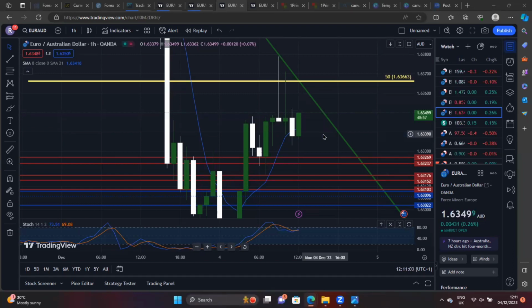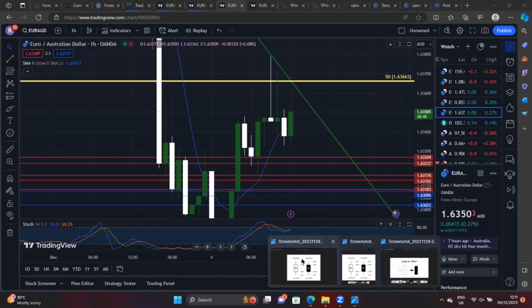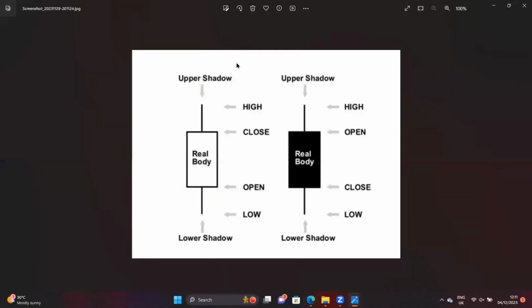Now, when we ask what is candlestick, the right answer is that candlesticks are formed using the open, where that candle opened from, which is a very important thing to note, the close of that candle, the high of that candle, and the low of the candle.